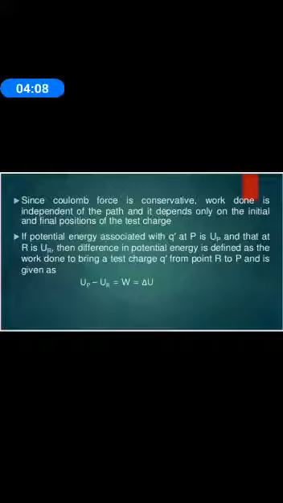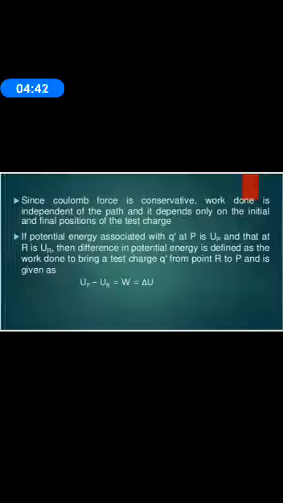That is, the difference in potential energy is nothing but the work done, or UP minus UR can be written as delta U. Delta U is nothing but the difference in potential energy. So work done is equal to the difference in potential energy, or in other terms, work done is nothing but the change in potential energy.